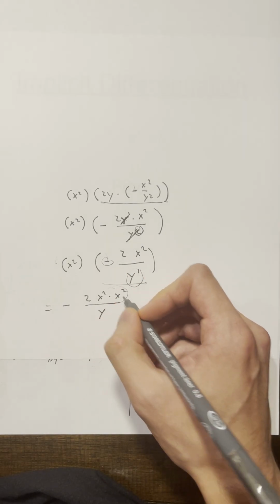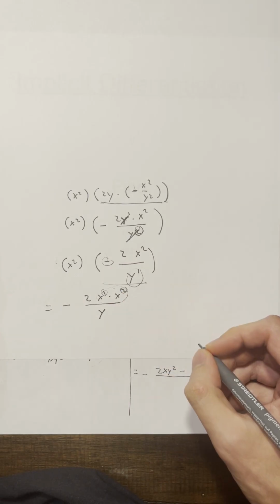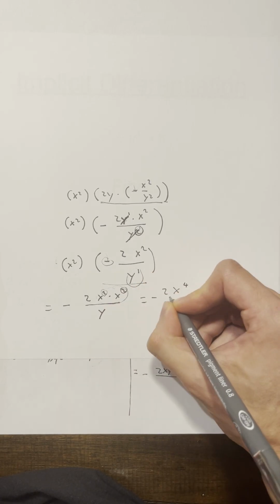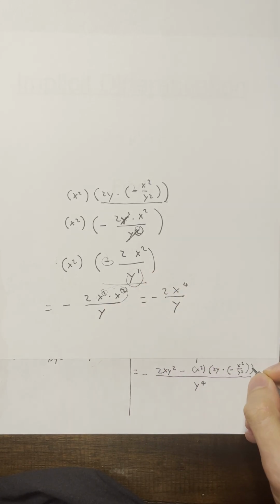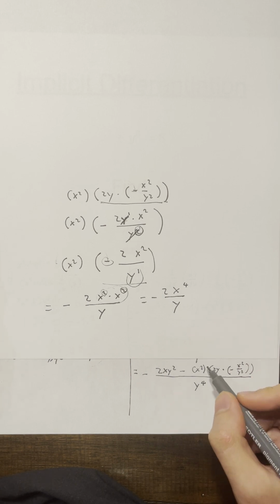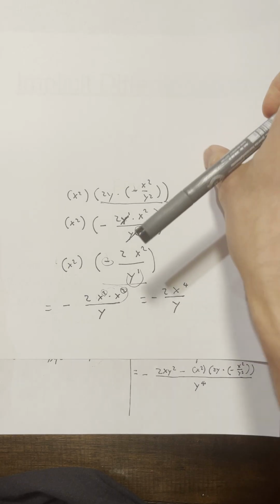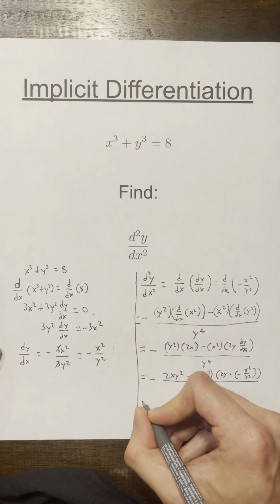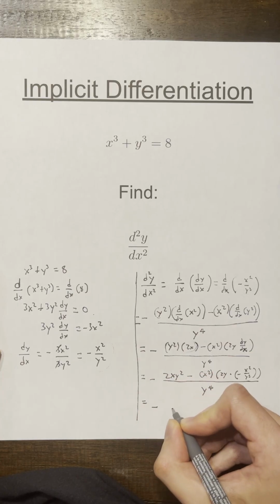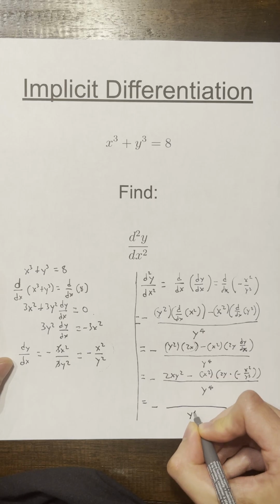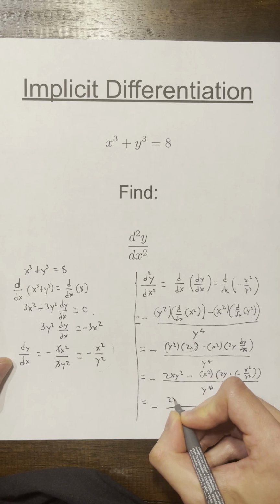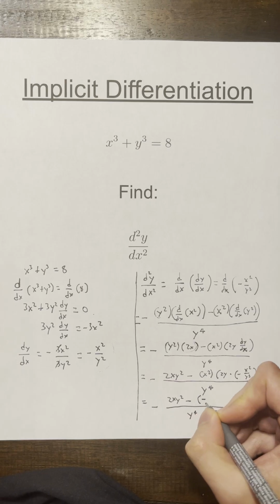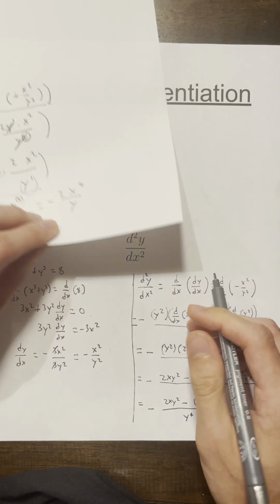Now to combine these two, what do I need to do with the 2's? I need to add them. So that's what all this is going to simplify to. So we got negative 2x to the power of 4 over y.